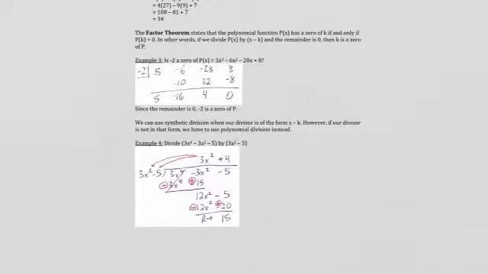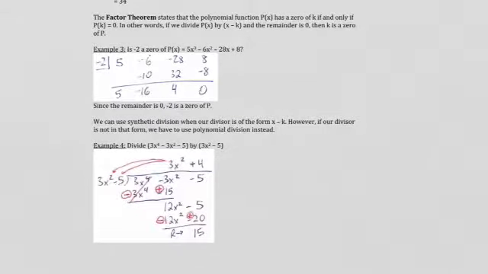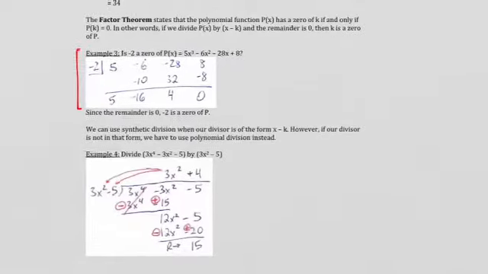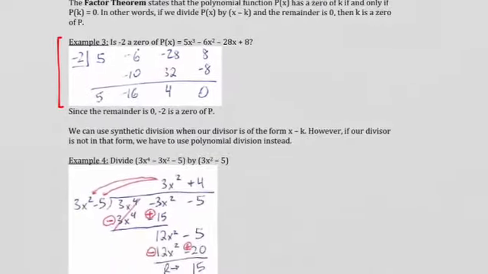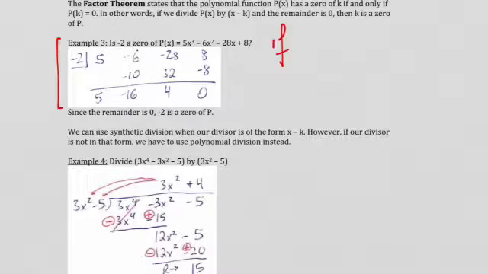Okay, so let's try to determine if negative 2 is a zero of P of x. First of all, let me tell you why we need to do this calculation. Well, take a look. If negative 2 is a zero, what does that mean?